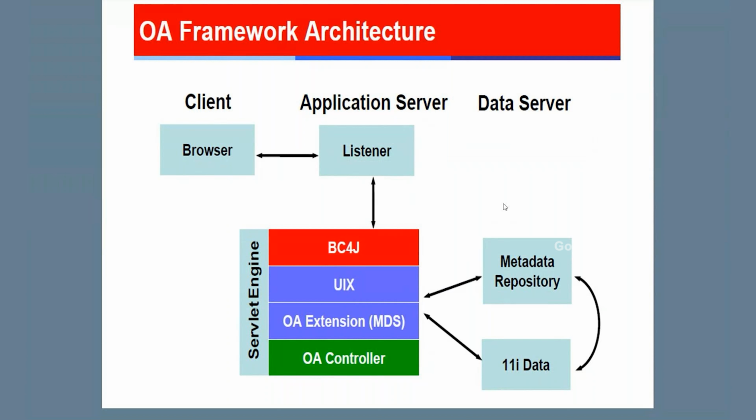That is where the MDS, controller, and BC4J concepts come in. Once we go into the exact sessions, you will get to know in detail what BC4J is. And UIX is the look and feel, whatever the user sees on the page. That is the GUI.